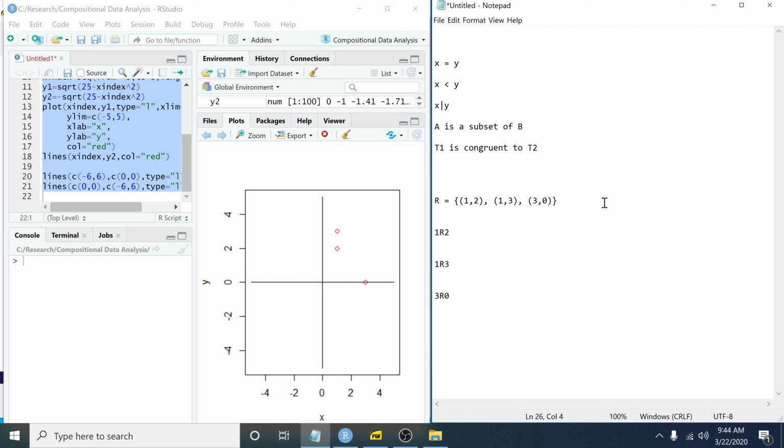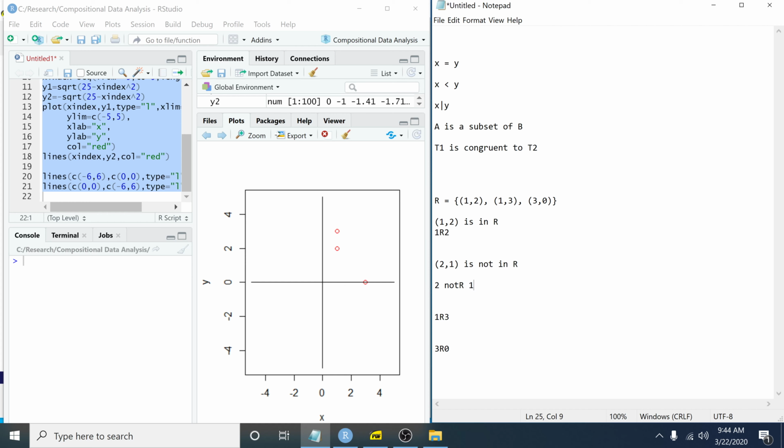Note, by the way, that the reason that 1 is related to 2 is, again, because the ordered pair (1, 2) is in R. That's what it means for 1 to be related to 2. But I want to point out that the ordered pair (2, 1) is not in R. And what that means is that 2 is not related to 1. And so this is a really important idea.